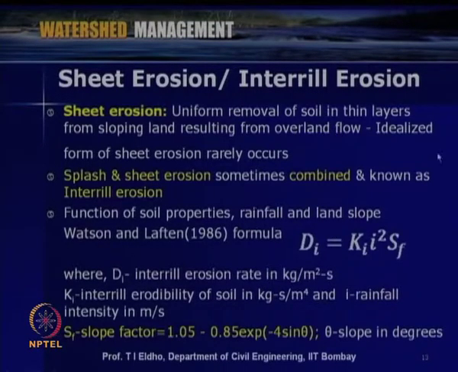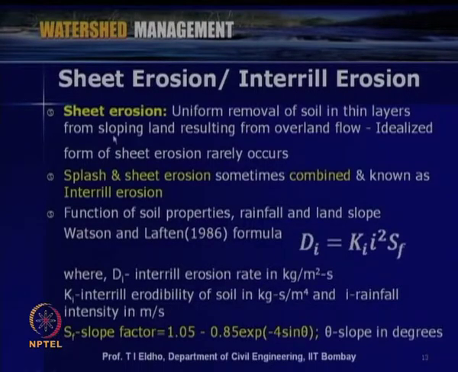Actually, this is an idealized form of sheet erosion, which very rarely occurs. Generally, the intensity will vary from one location to another, so the sheet erosion varies from one location to another. It is the removal of soil in thin layers.